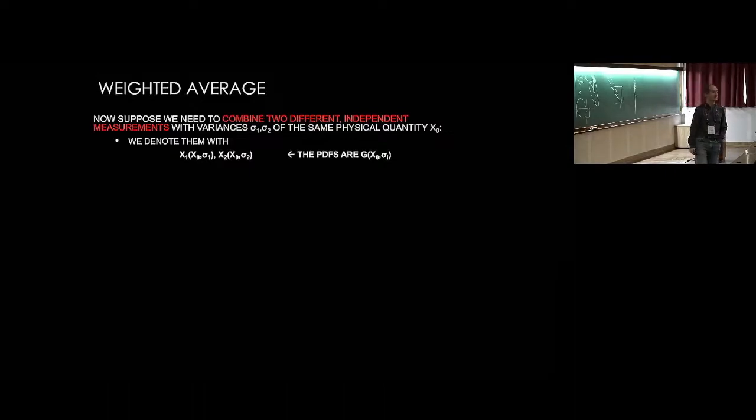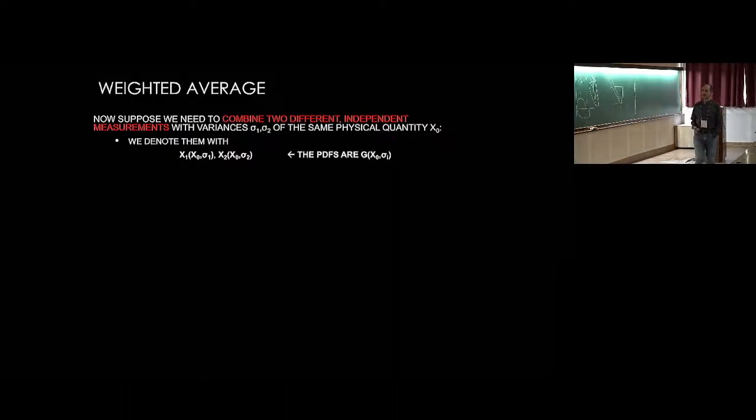Why weighted average? Because the two measurements have different uncertainties, so you want to give more importance to the result with a smaller uncertainty. So let's take these measurements to be x1 and x2 of the same physical quantity x0, the true top quark mass, with a certain uncertainty sigma 1 and sigma 2, okay?